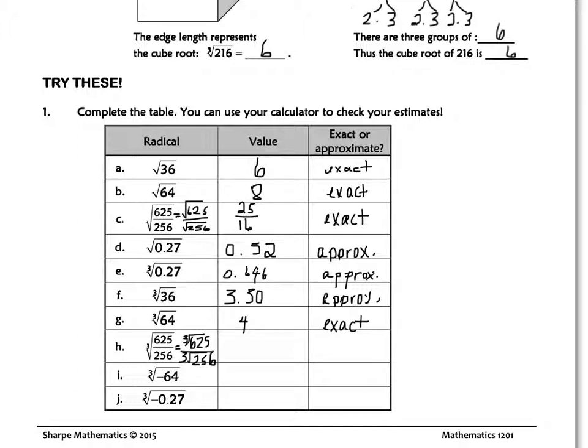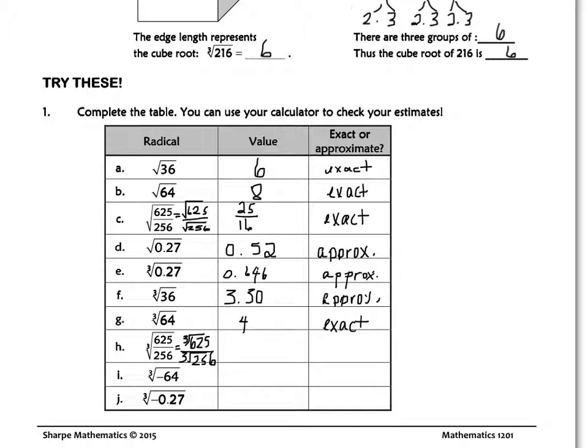But that's not really going to help because the cube root of 625 is 8.54 around there, and the cube root of 256 is 6.349 around there. So they're not nice perfect cubes.